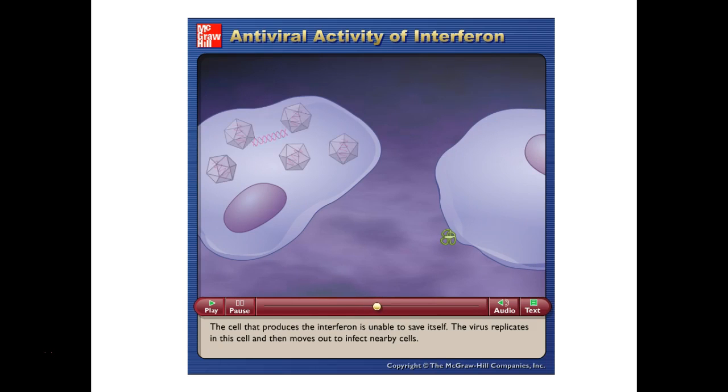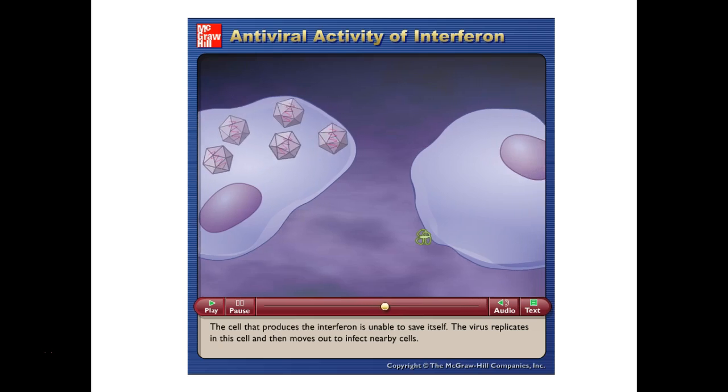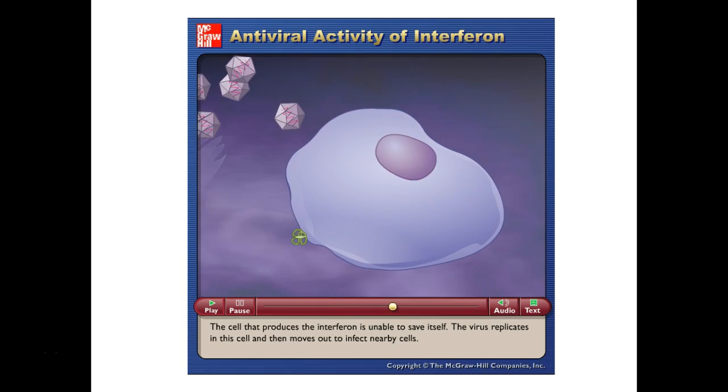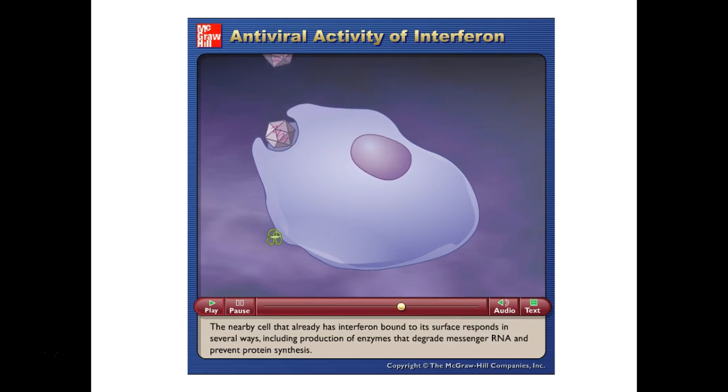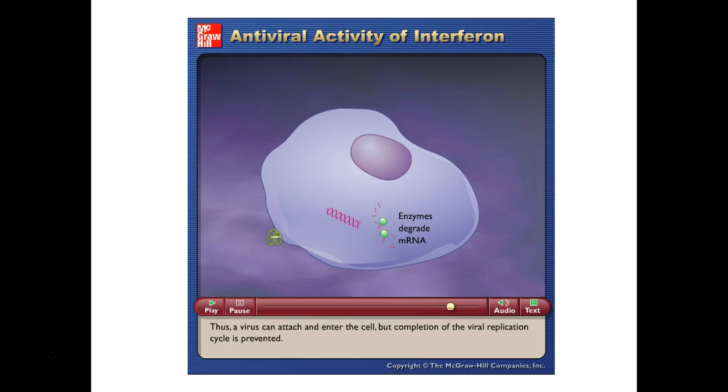The virus replicates in this cell and then moves out to infect nearby cells. The nearby cell that already has interferon bound to its surface responds in several ways, including production of enzymes that degrade messenger RNA and prevent protein synthesis. Thus, a virus can attach and enter the cell, but completion of the viral replication cycle is prevented.